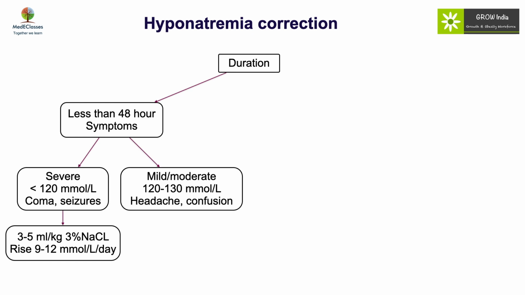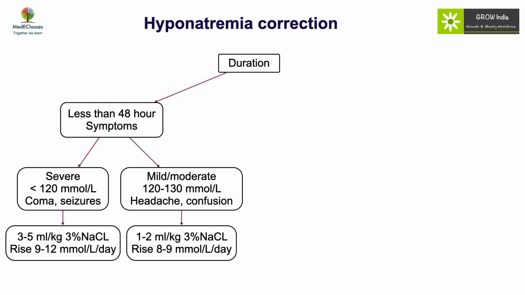If there are mild to moderate symptoms like headache and confusion, with sodium over 120, the dose of correction is less, and maybe we can even use an infusion of around 1 ml per kg per hour of 3% saline, which will raise the sodium by 1 millimole per hour.